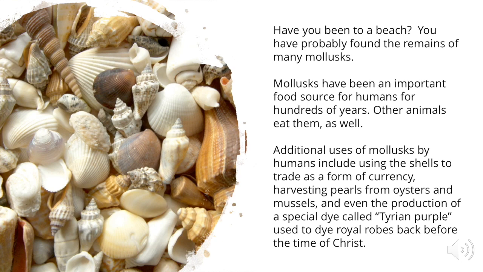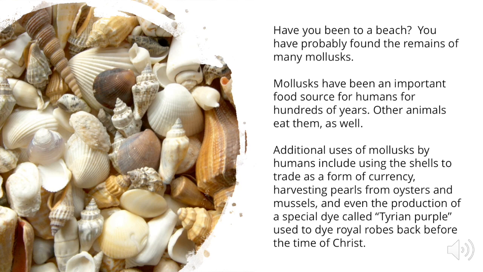All right, moving on. Have you been to the beach? You probably have, and you have probably found the remains of many, many mollusks. All of these shells are the hard coverings that cover those soft bodies. Mollusks have been an important food source for humans for hundreds of years, and other animals eat them as well.